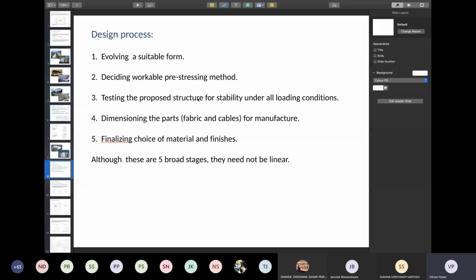Though you will be using stretchable material for model making, in real architectural practice you will not be using a flexible material. You'll be using very stiff materials, whether it is PVC fabric or HDPE fabric, and the parts have to be designed.